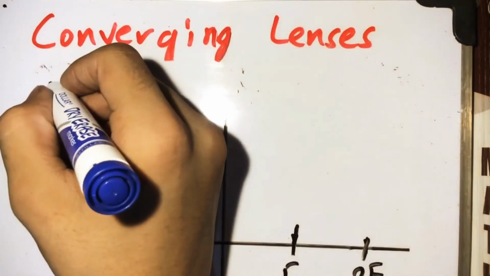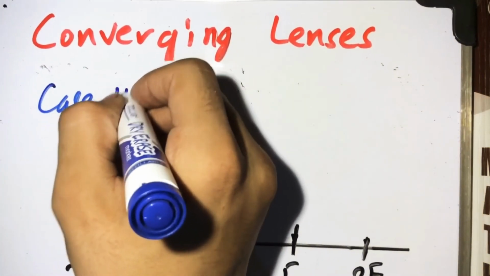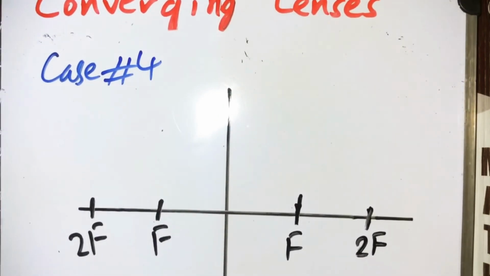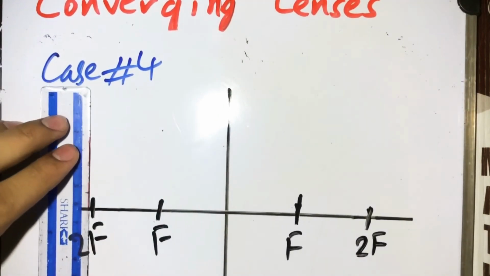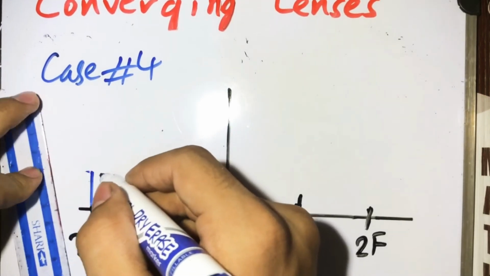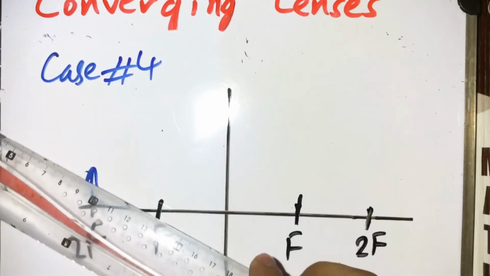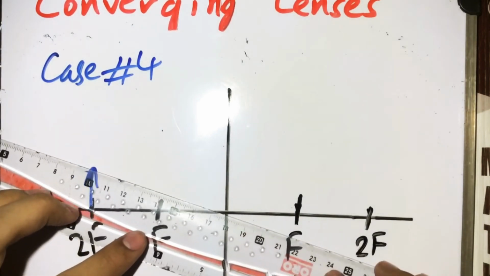Now we're starting case number 4. In this case, the object is placed at 2f. Again, our first ray will pass through the optical center.